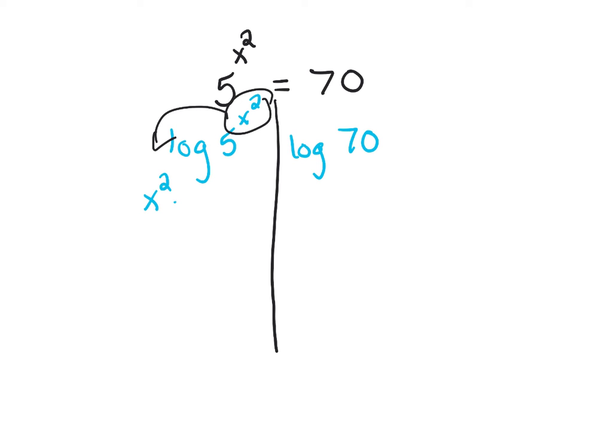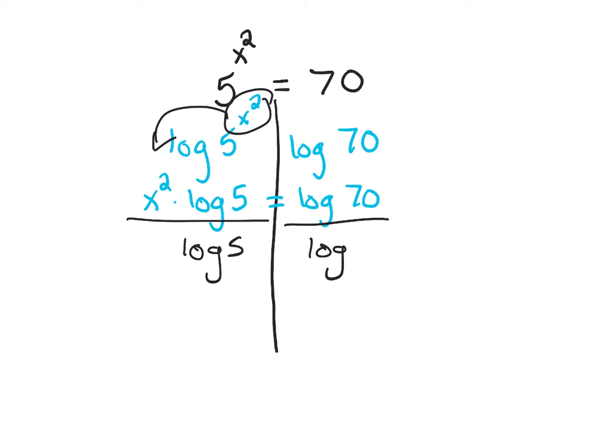So x squared times log 5 equals log 70. All right, divide both sides by log 5. So x squared equals 2.6397.